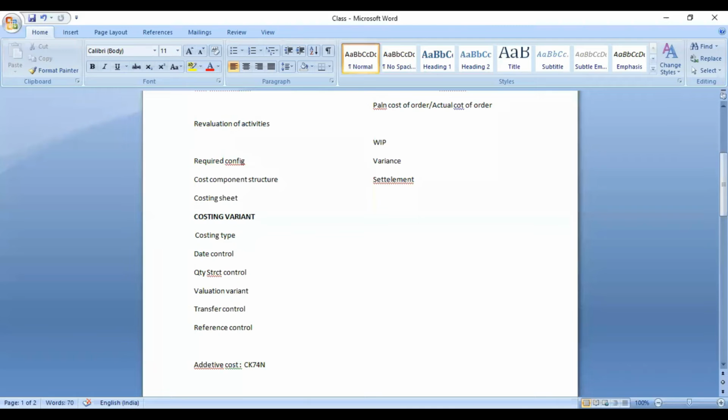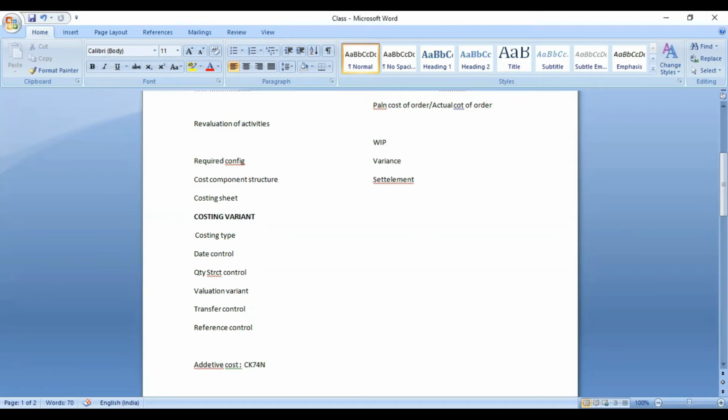So what is additive cost? It is similar to indirect overhead cost. For example, I can directly add a percentage or value to the material, but for freight, duty, and insurance, I cannot add them directly to this material. So for whichever costs I cannot add directly to this particular material or component, SAP has given another functionality to add the price additionally to the material.